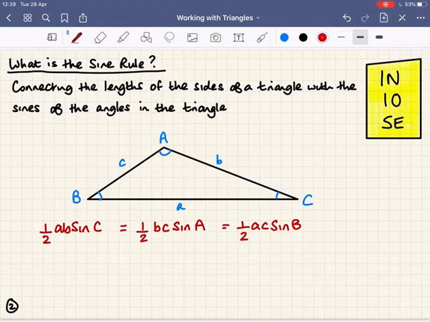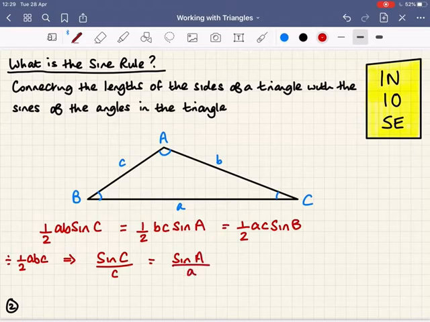If I divide each of those terms by half abc, then half ab sine C divided by half abc gives us sine C over c, which is equal to sine A over a.